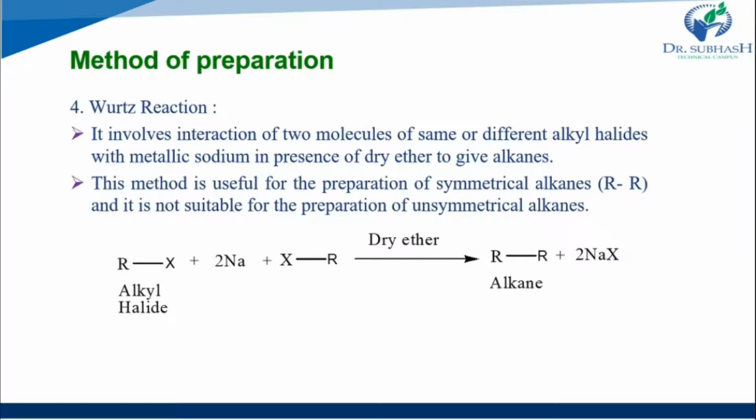The fourth reaction is the Wurtz reaction. It involves the interaction of two molecules of the same or different alkyl halide with metallic sodium in the presence of dry ether to give the alkane. Two molecules of alkyl halide, same or different, react with sodium in dry ether to make one alkane, and two molecules of sodium halide are liberated.